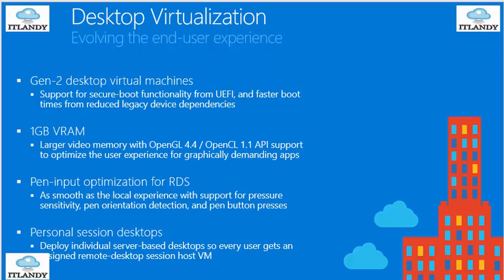Pen input optimization for RDS, as smooth as the local experience, with support for pressure sensitivity, pen orientation detection, and pen button passes. And the last part is around personal session desktop, deploying individual server-based desktops so every user gets an assigned remote desktop session host VM.